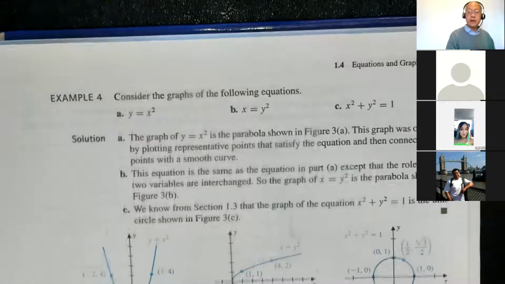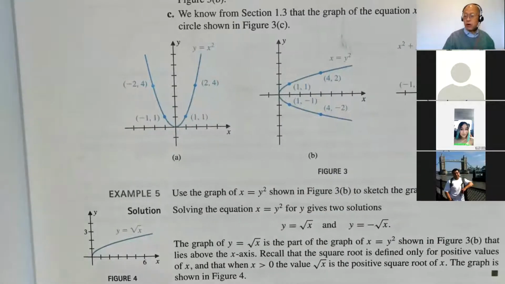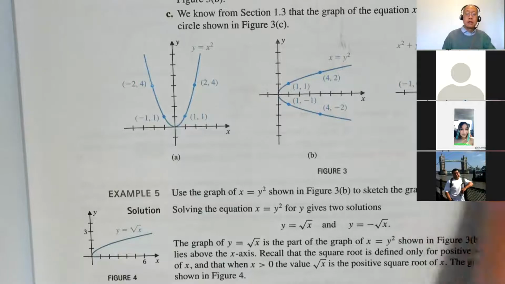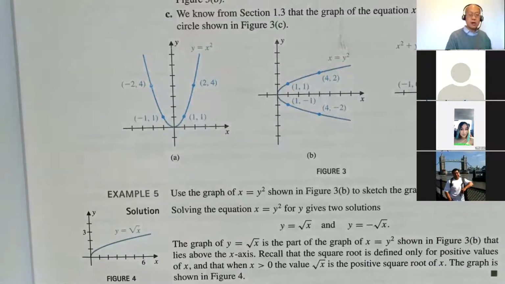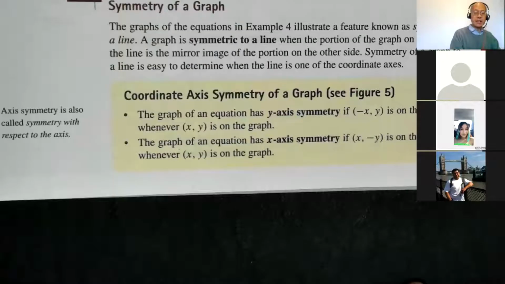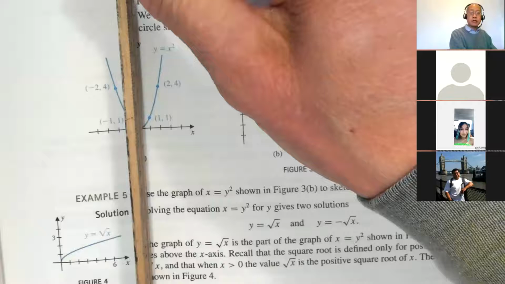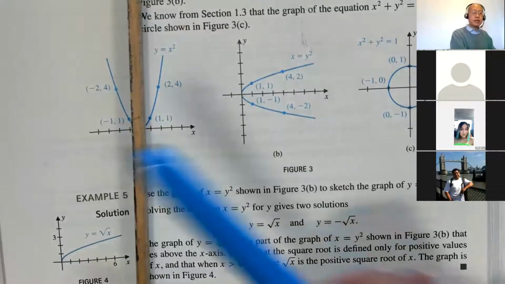All right, talk about symmetry on page 25. Here's a graph of y equals x squared. This graph has symmetry with respect to the y-axis, or sometimes we say y-axis symmetry. If I put a line right on the y-axis, imagine this is a mirror.